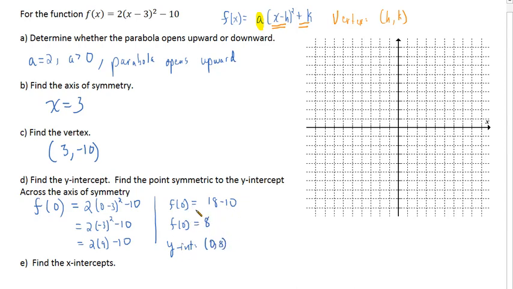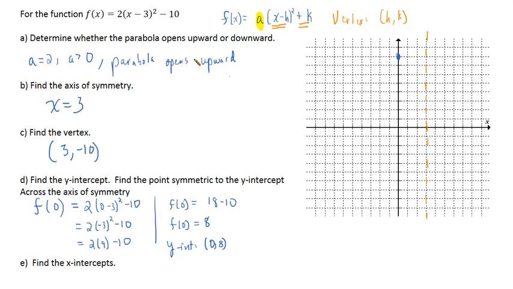Find the point symmetric to the y-intercept. Well, I know that the axis of symmetry is x equals 3, and I know the y-intercept is 0, 8. Let's look at this graphically. Using a scale of 1s, 1, 2, 3, 4, 5, 6, 7, 8. I know that the y-intercept is at 0, 8, and I know the axis of symmetry is at x equals 3. So here's the axis of symmetry at x equals 3.